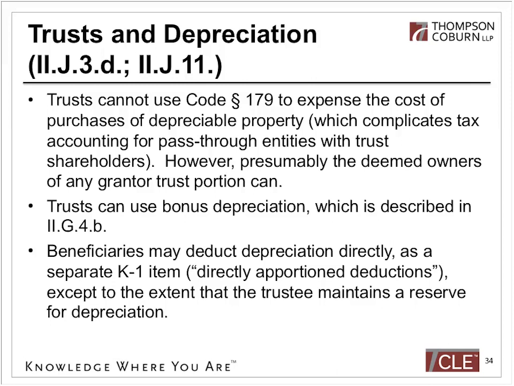Now, this is contrary to what anybody would have thought when you do normal trust income taxation, because normally you flow through only income to the beneficiaries. You never flow through losses or deductions. It's only the net income. But there are actually special trust rules in Part 2J11 that talk about the fact that beneficiaries can deduct depreciation directly.